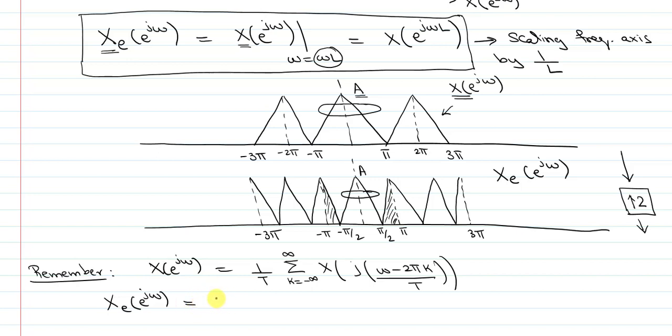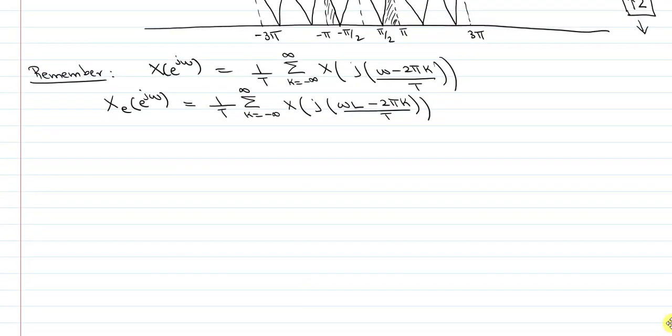So what we get is X_e(e^{jω}) = 1/T, sum over k from minus infinity to infinity, X(j(ωL − 2πk)/T). I'll simplify that a little bit further.